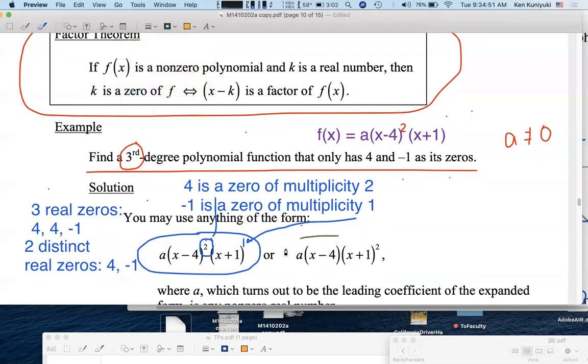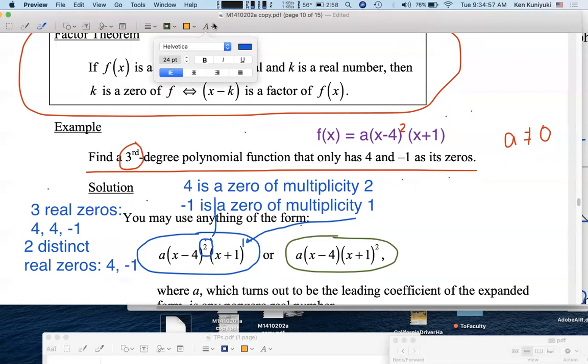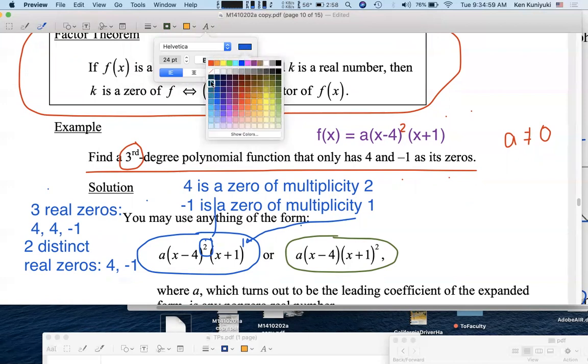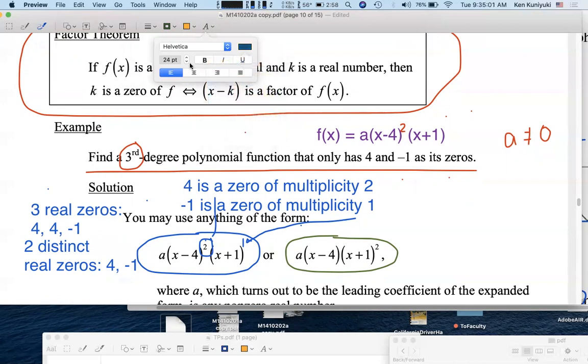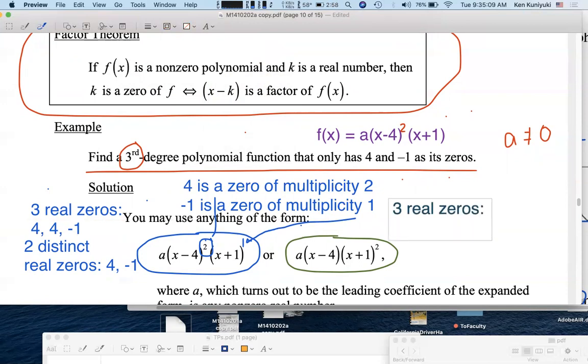Likewise, what's happening over here in green? Tell me about this green polynomial for any non-zero value of a. What are the real zeros? Well, same as before. There are 3 real zeros, but their names are 4, negative 1, and negative 1. This time it's the negative 1 that's repeated.